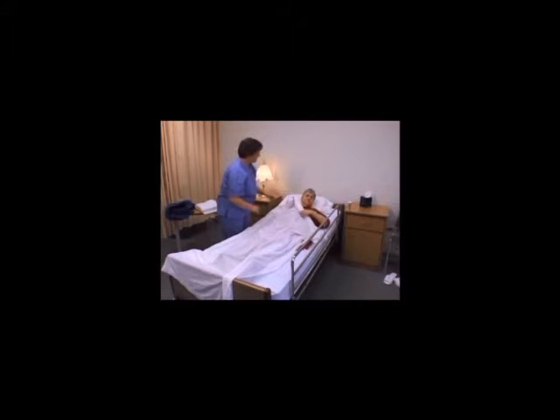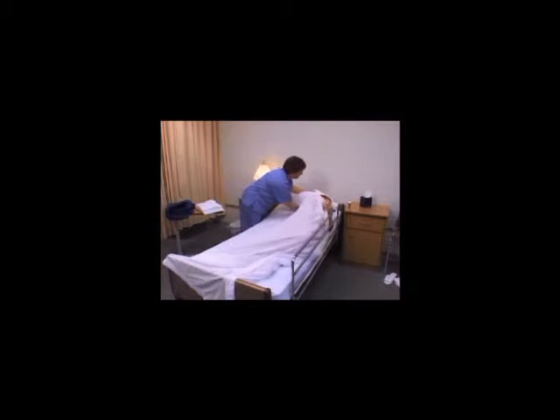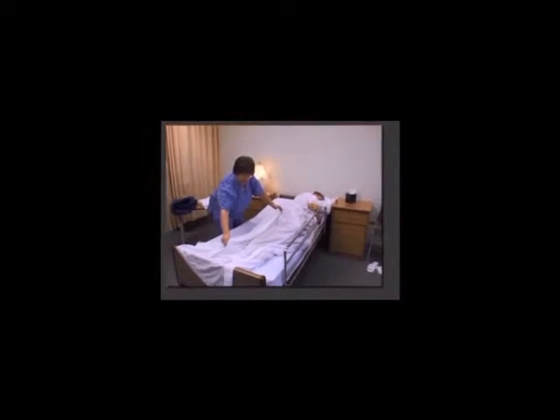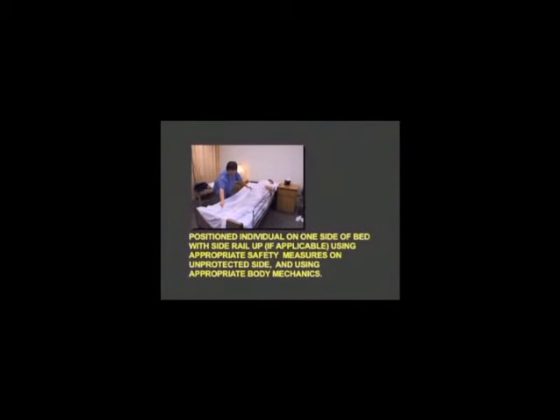Have your side rail up. I'm going to ask. Position individual on one side of the bed with side rail up, if applicable, using appropriate safety measures on unprotected side and using appropriate body mechanics.